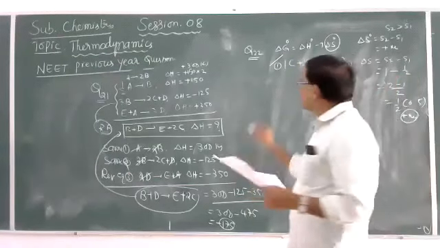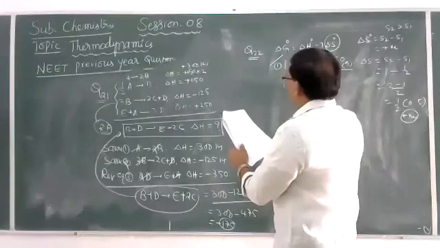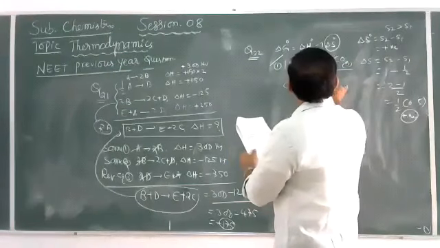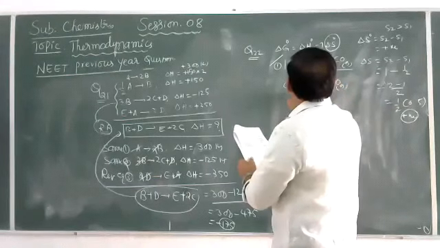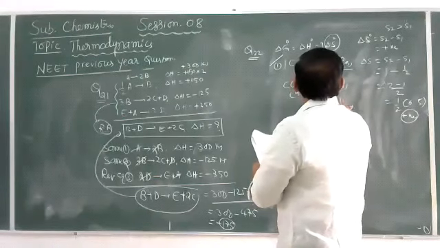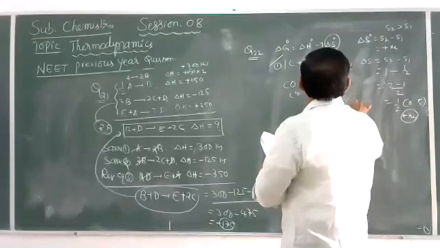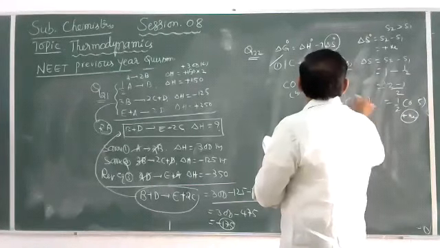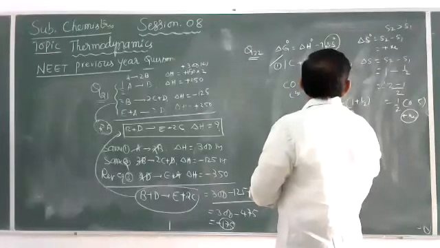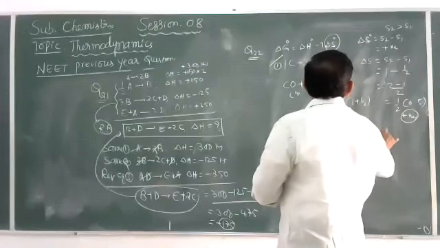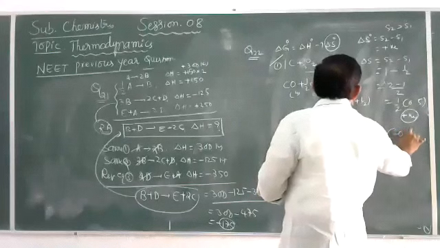The second option: CO plus half O2 gives CO2, also a gas. It is a gas, it is a gas. For this, delta S is equals to 1 minus of 1 plus 1 by 2, that is 1 minus 3 by 2, that is minus 1 by 2, that is minus 0.5.